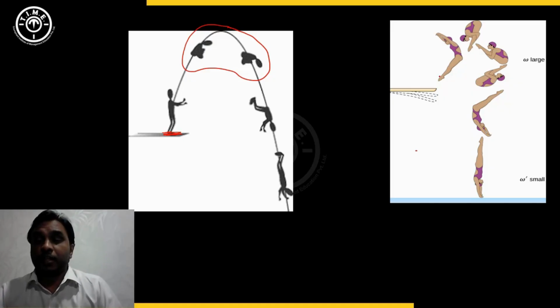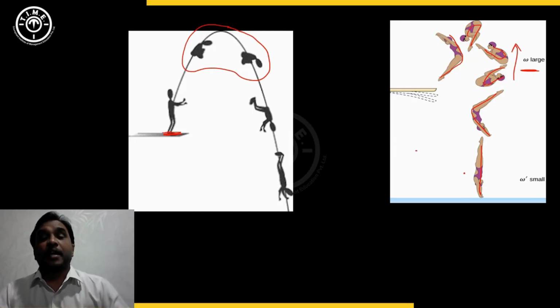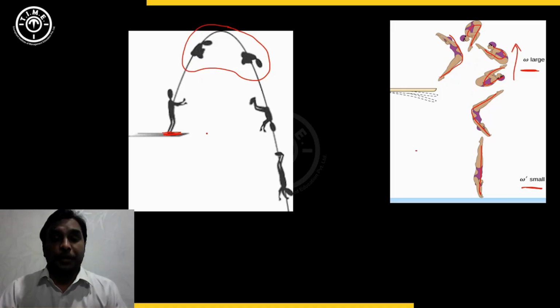Same here also. See, stretched. In this position, moment of inertia is less, so omega, the angular velocity, will be more. Here, slowly stretched out, the moment of inertia increases and the corresponding angular velocity is reduced. These are the best examples to understand conservation of angular momentum.